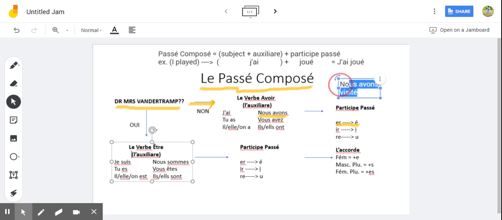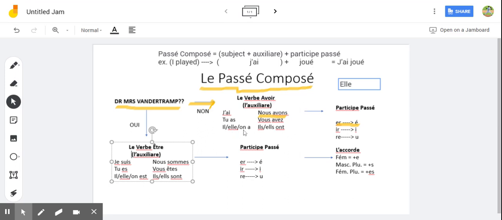Let's say I was talking about a student and they finished their homework. Okay, so let's just say it was a girl in class. She finished her homework, so it's going to be elle. Okay, it's not a Dr. Mrs. Vandertramp verb, so we're sticking with this no side. We're going to use the verbe avoir.